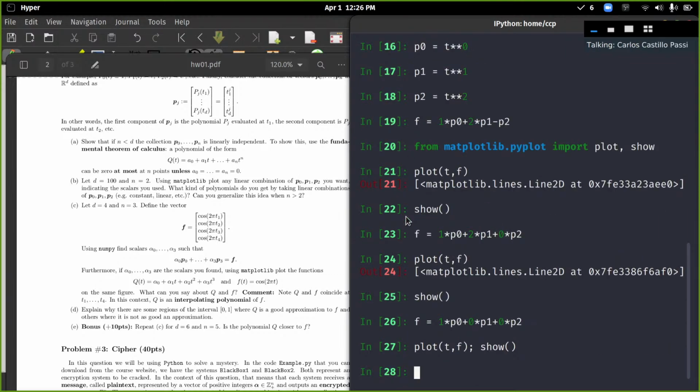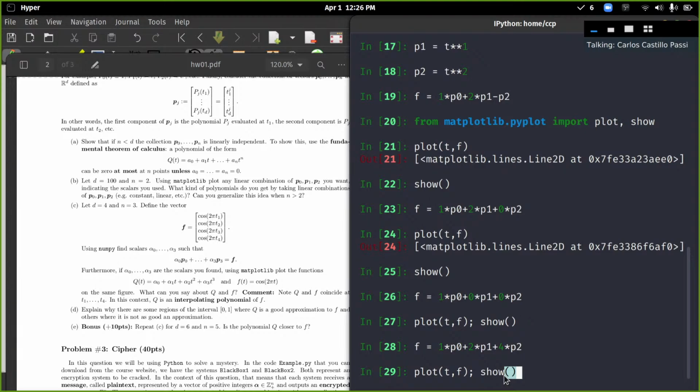And when you do a linear combination of the first three with coefficients 1, 2, and 4, for example, what I'm doing here with the plot function is using t to define the x-axis, and the linear combination f to define the y-axis.